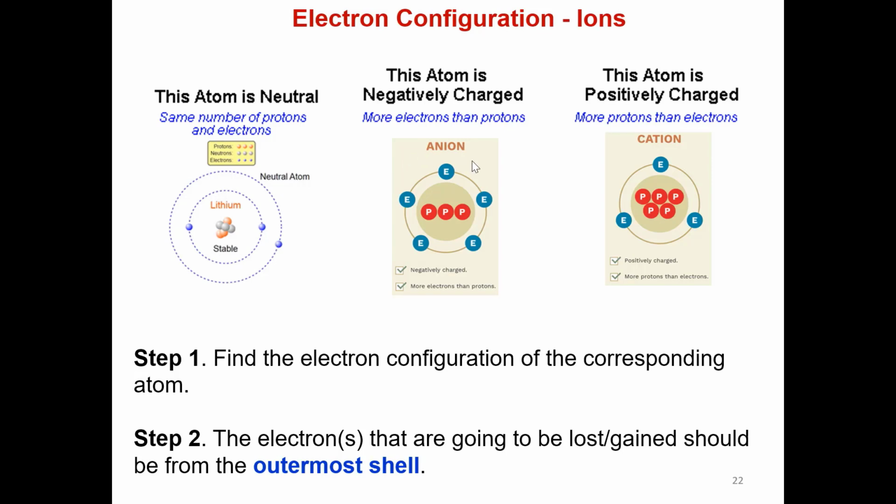For example, if the atom has more electrons than protons, like in this example, then we say this atom is negatively charged. If the atom has more protons than electrons, like in this example, then we say this atom is positively charged.